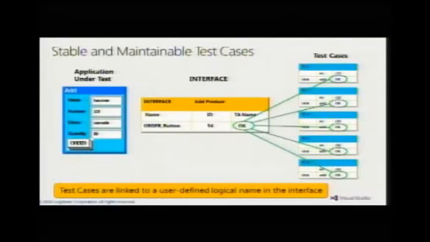The best way to do that is with an interface, and Test Architect for Visual Studio provides an interface where you have a logical name that's linked directly to the test cases, and then your interface has all the properties and parameters to be able to link to the application, and a bunch of really good spy tools to be able to access that application and find out what objects you want to connect to, what controls you want to connect to.